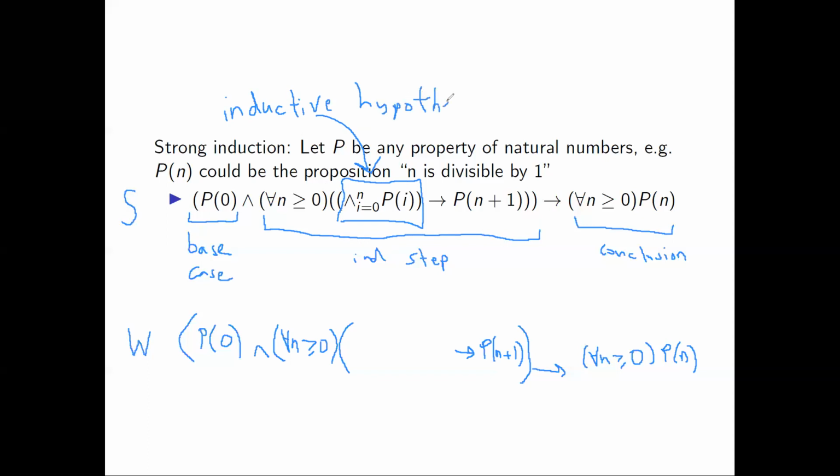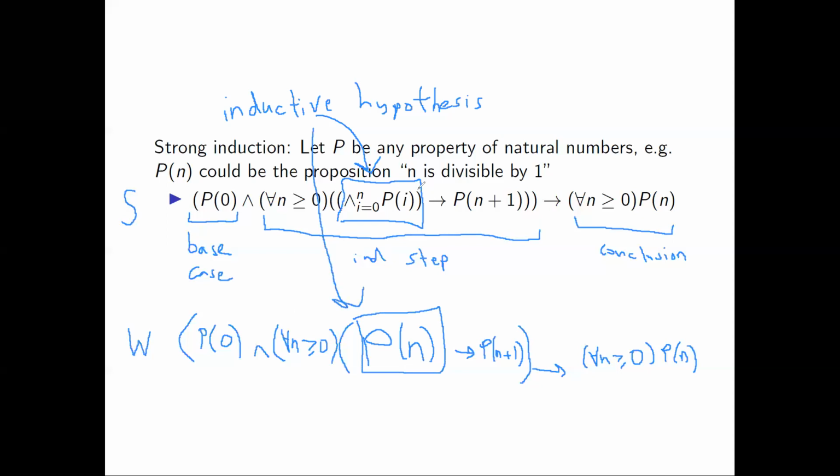In strong induction, we have a stronger inductive hypothesis. In weak induction, we have a weaker inductive hypothesis. What do we mean by that? Well, here's our inductive hypothesis in weak induction. It's just P of n right there.